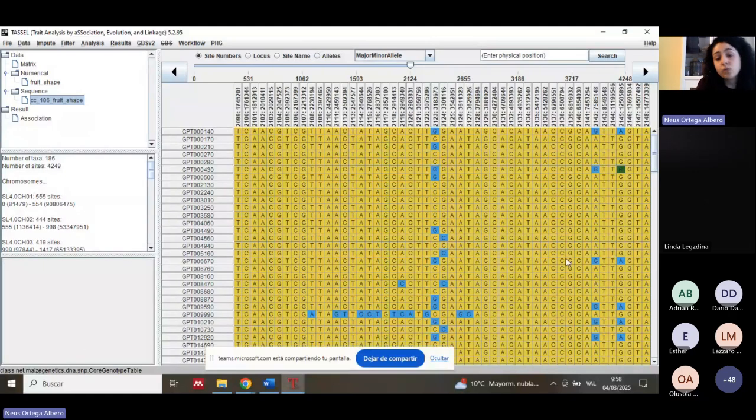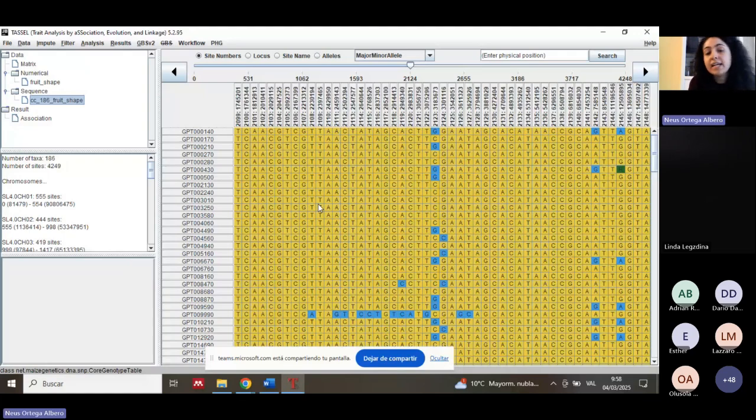The best part of this software is that it's very visual, so we can see what we are doing. It's very easy to understand, and we can follow it quite easily.